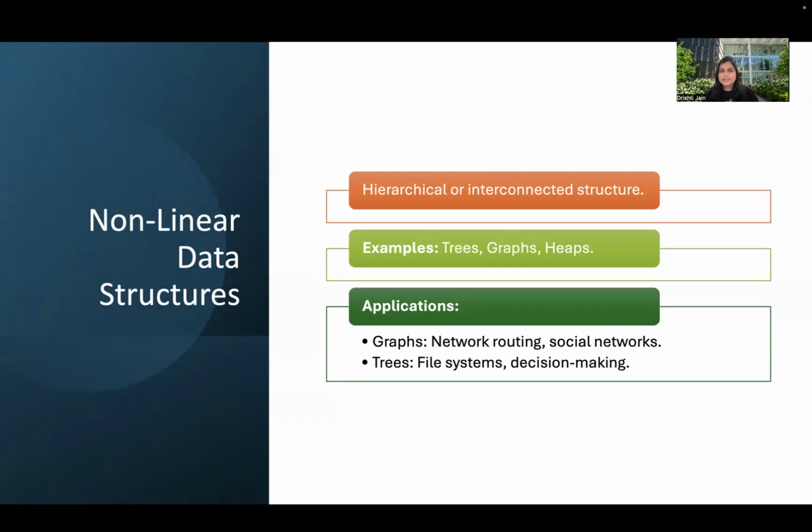Graphs represent relationships between different nodes and have a lot of application in different use cases. Think of social networks. There are so many different relationships that can be there between two user identities. All of that can be represented well using graphs. In trees, file systems and decision making, all of these are good applications of where the tree data structure is used.